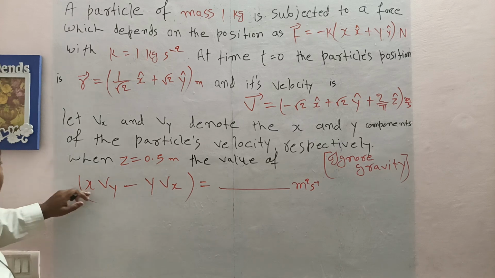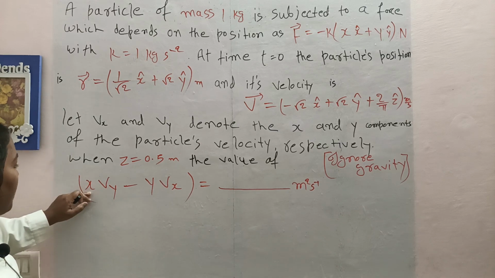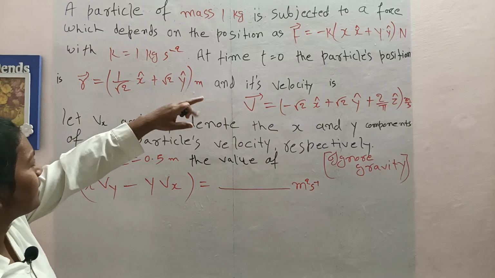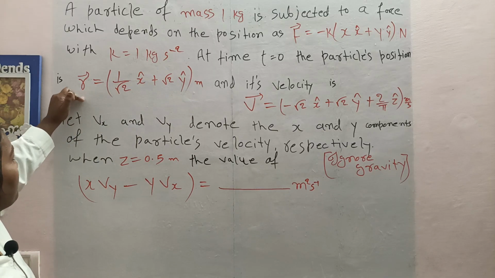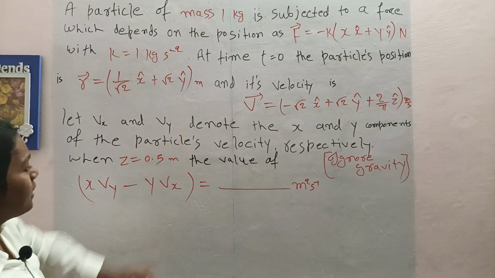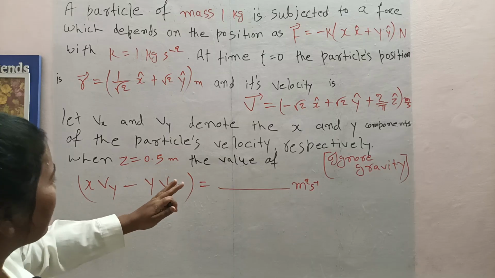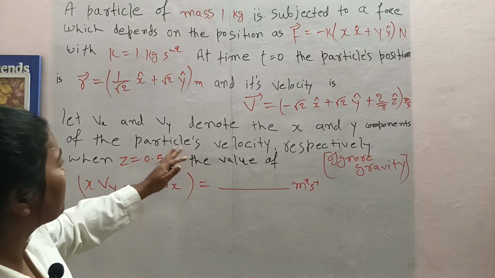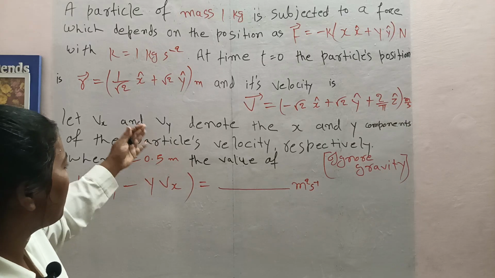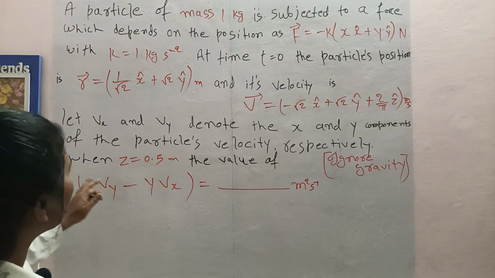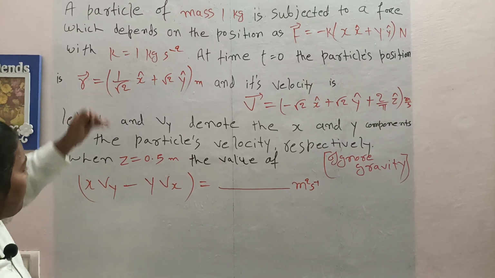See, x is the position of the particle along x hat. From this equation, at time t equals 0, the position is 1 by root 2 in x hat and root 2 in y hat. The question hasn't said that we have to find it at any other specific time, so we simply take the value from here.